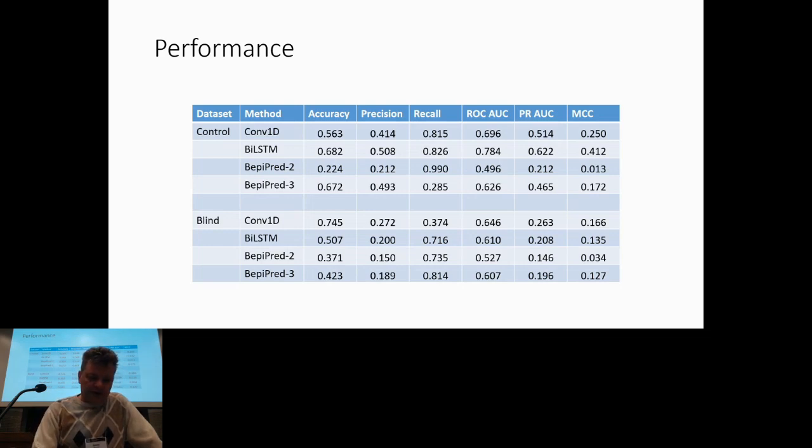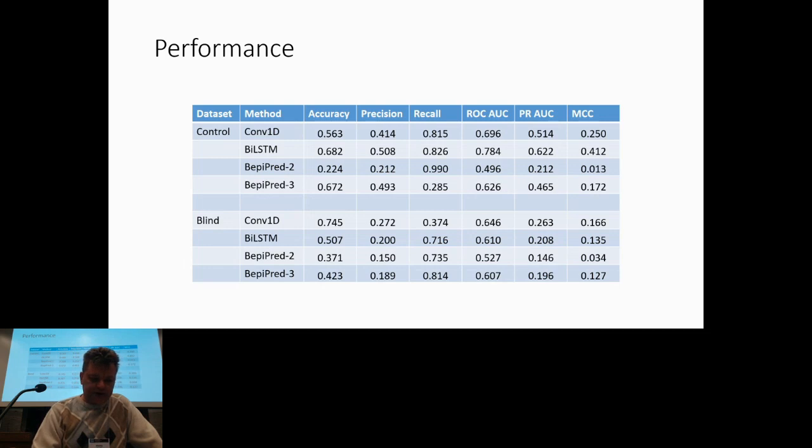So you can see our method performs the best for the control set, and BepiPred 2 is actually pretty low in performance, meaning it makes a random prediction. BepiPred 3, while it also uses a protein language model, the ESM protein language model, seems to be underperforming.